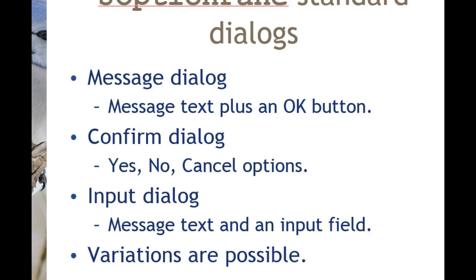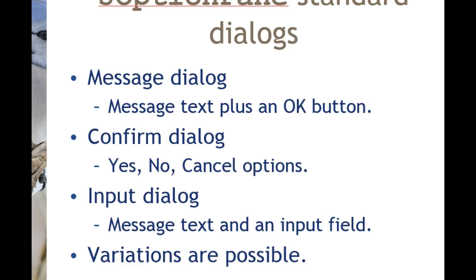For modal dialogs with a standard structure, there are some convenience methods in JOptionPane that make it very easy to show such a dialog. Basically, there are message dialogs, which display a message and have an OK button to close the dialog.